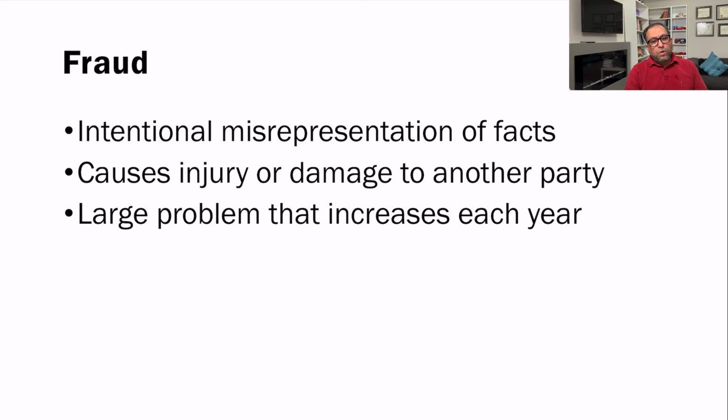The second condition for fraud to be fraud is that it causes injury or damage to another party. If you write something incorrectly and keep it in your drawer, then it is not a fraud. But it is fraud when you use that misrepresentation or misappropriation to injure or damage someone else, or to steal their assets.